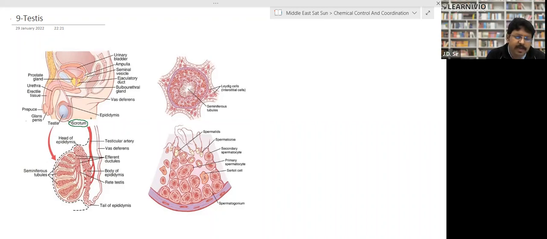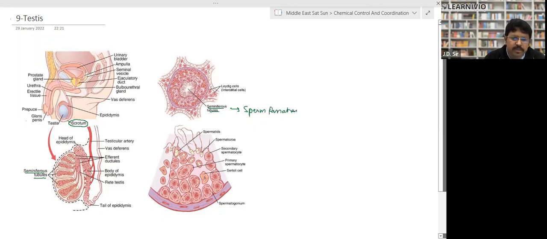Inside the testis there are chambers, and inside these chambers there are tubules called seminiferous tubules. In seminiferous tubules, sperm formation takes place.